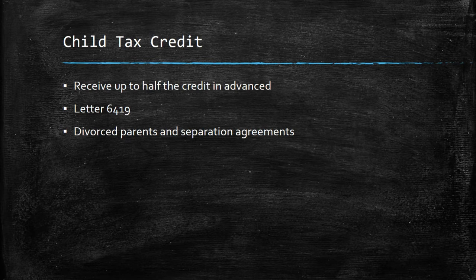But I've seen already this year, we've been doing VITA, now we're going into four weeks, I've seen a couple of cases of this already. In any case, Letter 6419 is the official IRS letter that they mail out to all recipients of the advanced child tax credit. And in the cases that I have seen, the letter's been accurate.